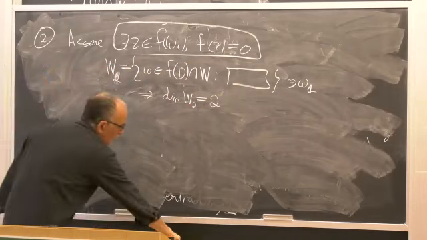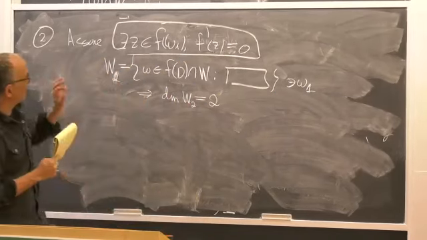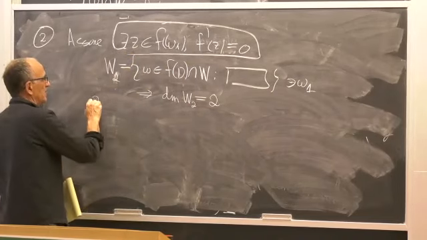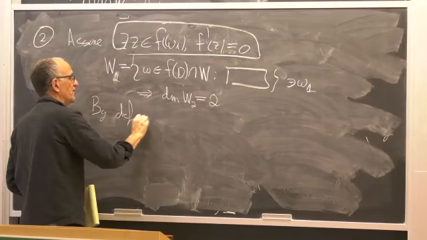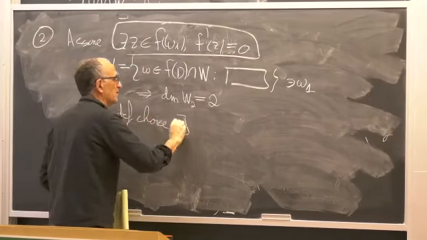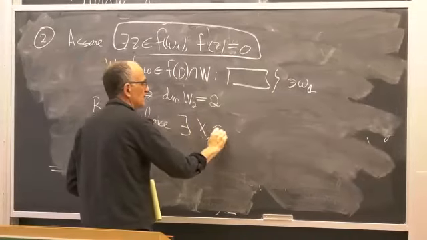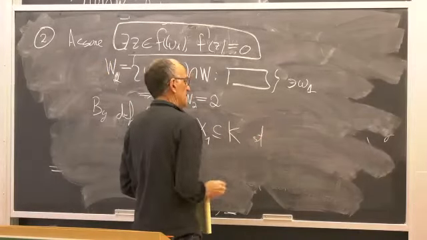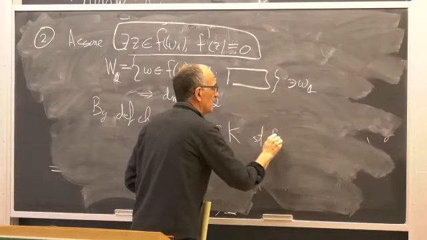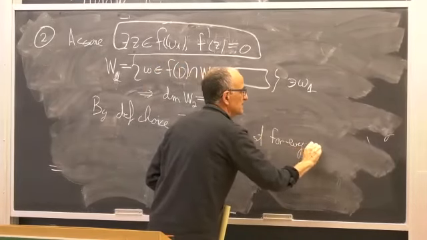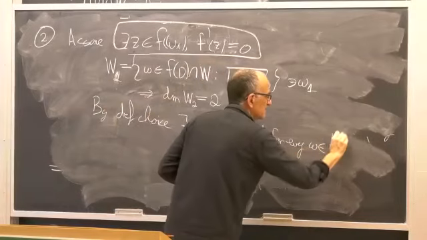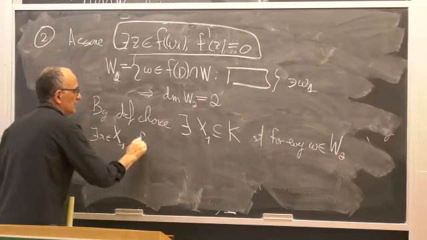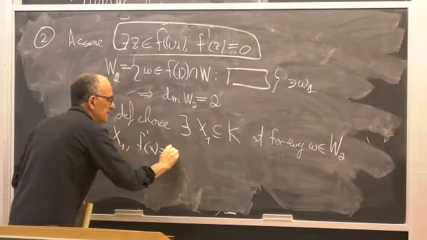But now, by definable choice, we can choose for every point here one element like this, right? So by definable choice, there is X1 contained in K such that for every small w in W2, there is x in X1 with the derivative 0.